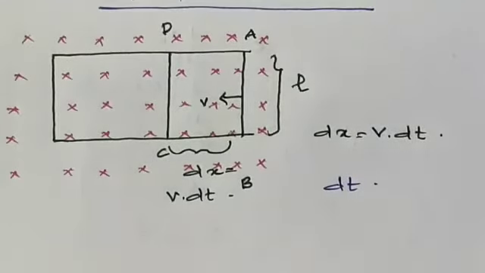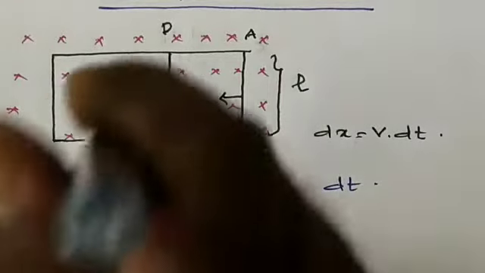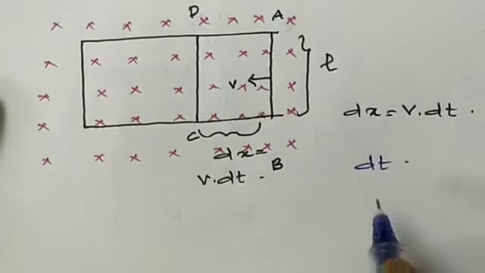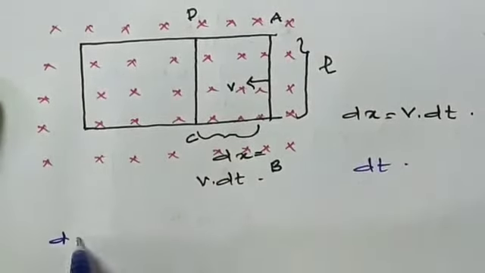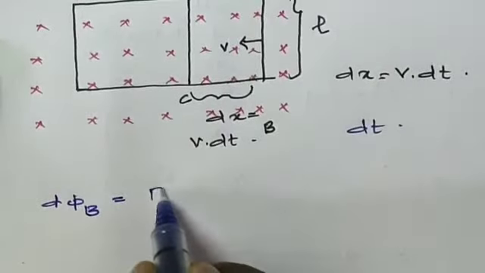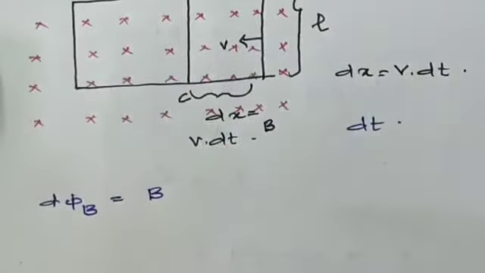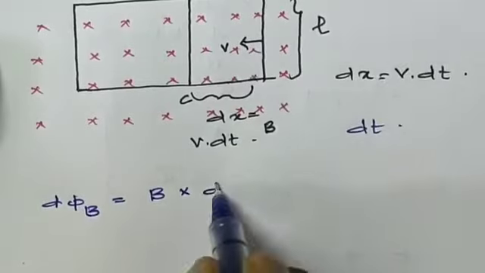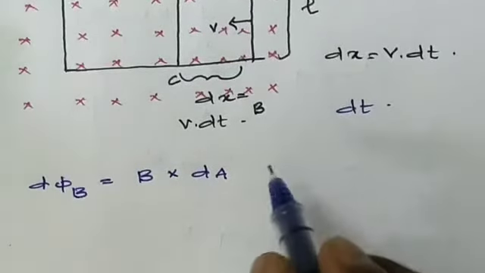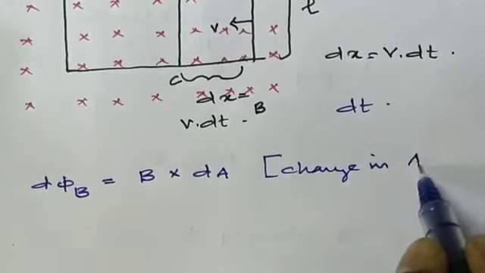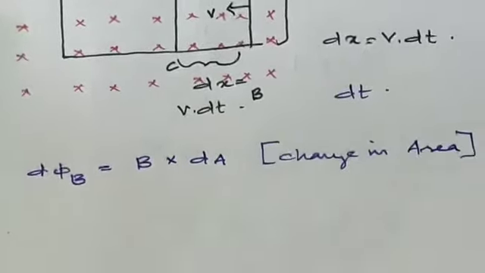The magnetic field is perpendicular to the plane of the paper, in the inward direction. Now we find the change in magnetic flux in time dt. The change in magnetic flux dΦ equals B into dA, where dA is the change in area.